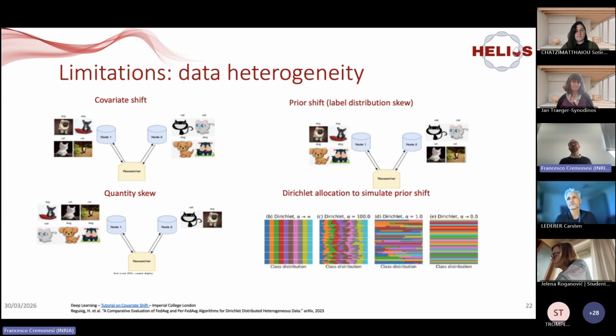It will be very difficult to train a model that is actually able to output meaningful predictions. And there's different types of heterogeneity. There's different reasons why it can be difficult, but just so you know that data heterogeneity is, I would say, the number one killer of federated learning projects, at least from the algorithmic point of view.